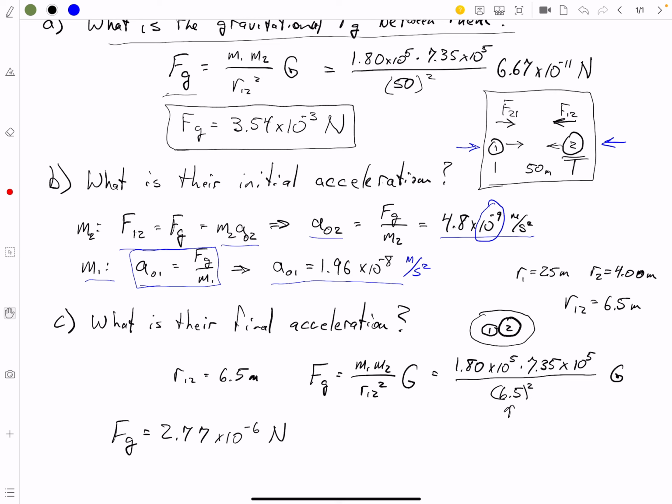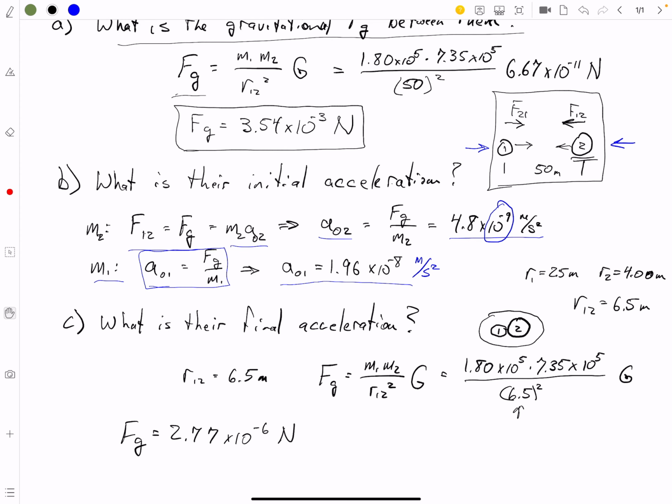So, why is our gravity higher? This should be smaller than this. So what in the heck? I must have plugged something in wrong.